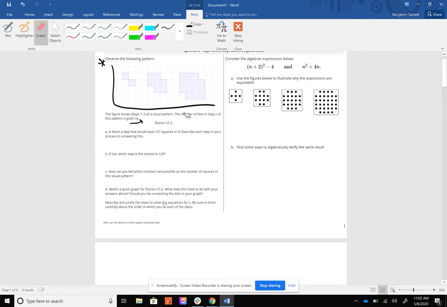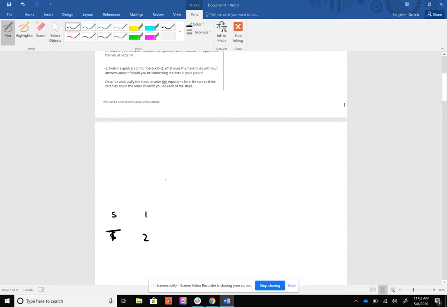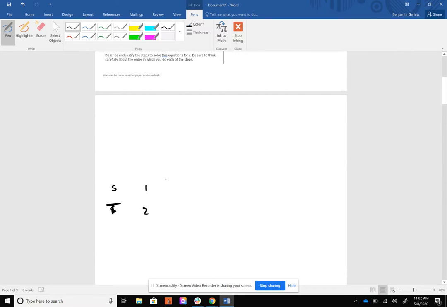So I'm gonna come down and draw a little bit on my own. So we've got steps and we've got tiles. So this first step of the pattern has 2 tiles. The second step, I'm going to draw it out kind of as I see it. So I see it as this middle.